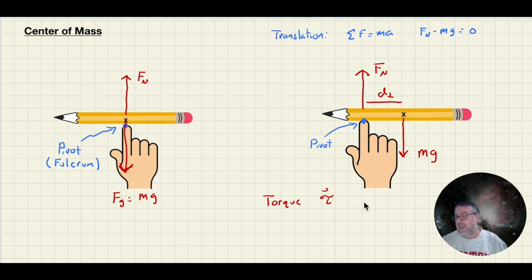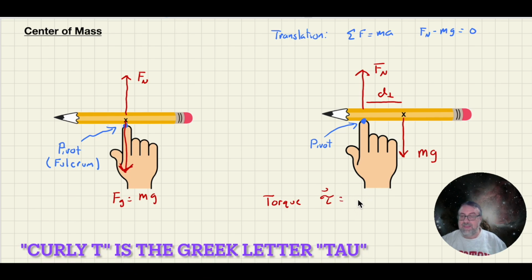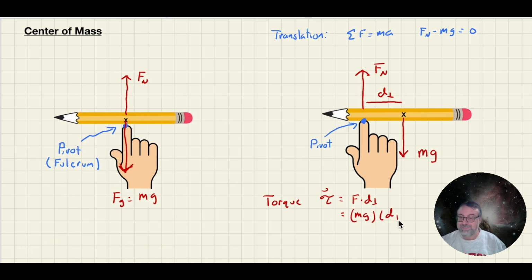Torque is given a symbol, a curly d, and the size of the torque will be equal to the force times the perpendicular distance, or in this case, it would be equal to mg times whatever that perpendicular distance is. Now, we'll talk about torque a lot more later on in the course, but all you need to note right now is if there is an unbalanced torque, then you will have a rotation.